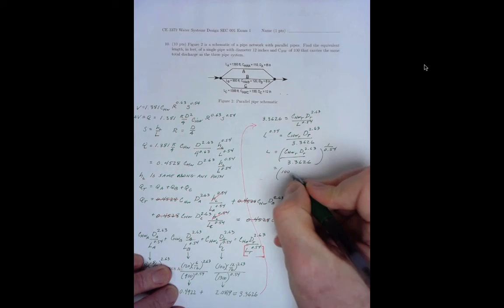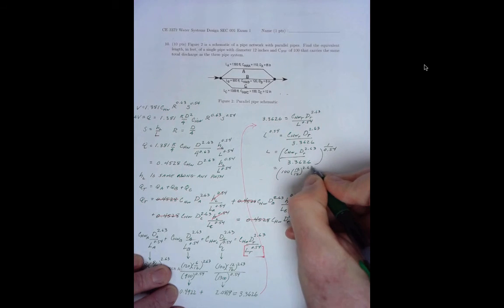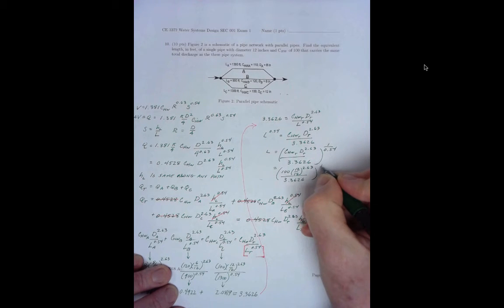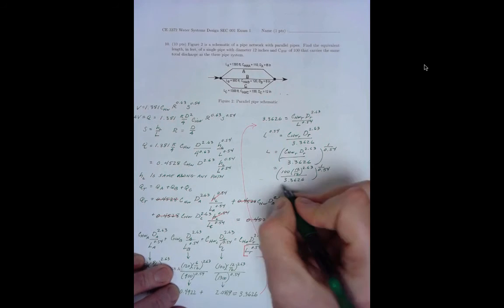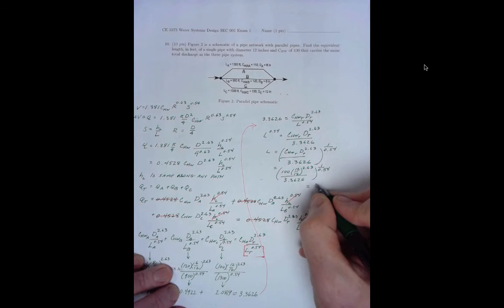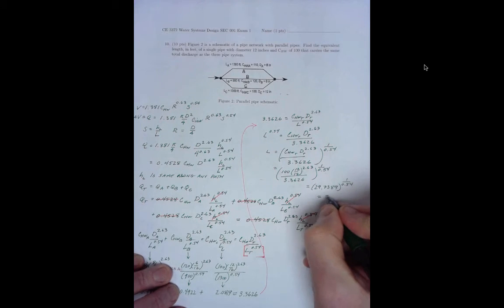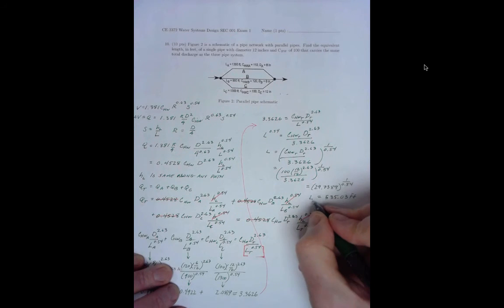I have 100 over 12 times 12 over 12 to the 2.63 power, divide by 3.3626, that whole result raised to the 1 over 0.54 power. That equals 29.7389 to the 1 over 0.54 power, which equals 535.03 feet. So that's my equivalent length. And technically we would be done.